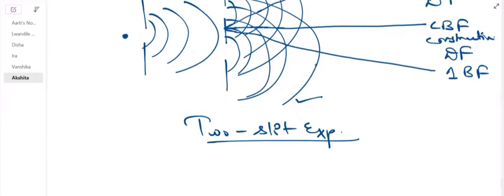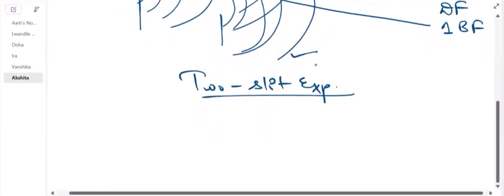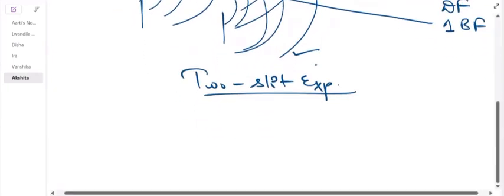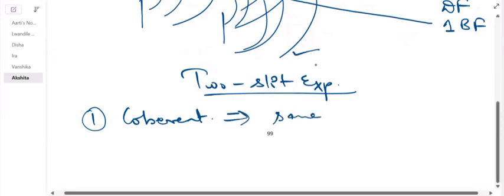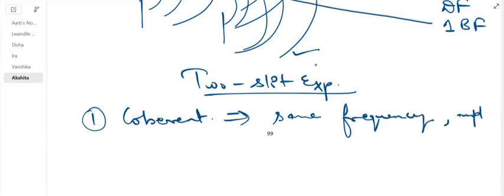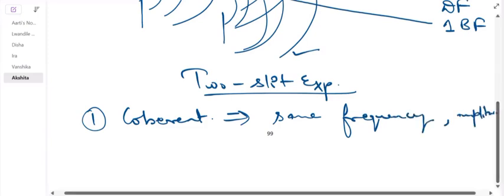Now the condition for this to happen is that the source should be coherent in nature. That means they should have the same frequency, amplitude, and constant phase difference.